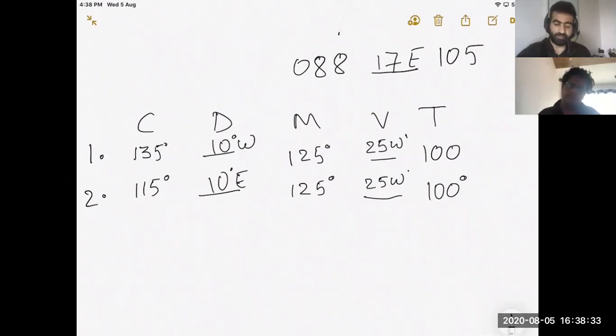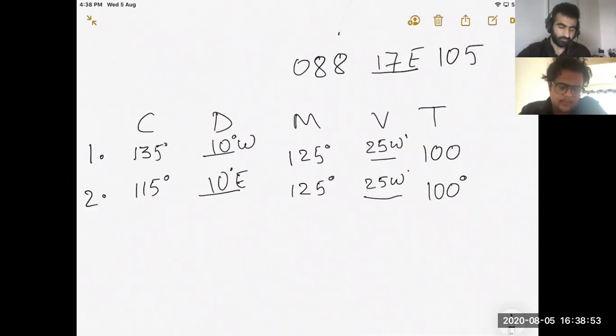Here you don't get the magnetic heading, but you need magnetic heading also, right? In this calculator, we don't have magnetic heading. So you need deviation and variation, and then you directly get the true heading.